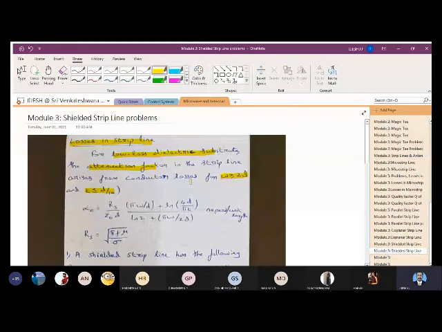If these two conditions are satisfied, then the loss can be calculated. That is alpha C, the attenuation factor, calculated as RS divided by Z naught D, pi into W by D, ln 4D by pi T, and ln 2 plus pi W by 2D. Its unit will be Nepers per unit length.